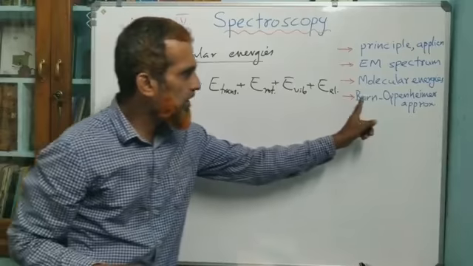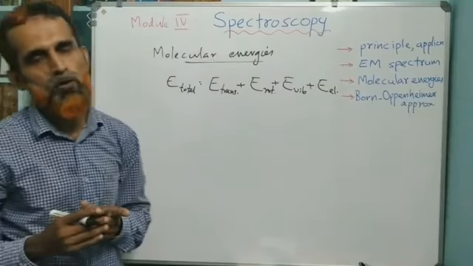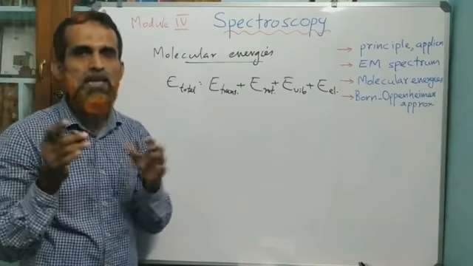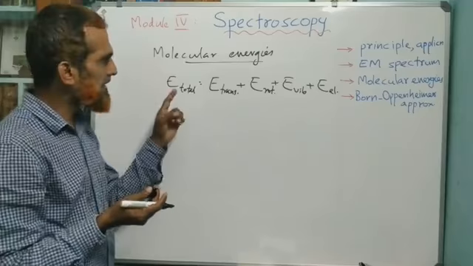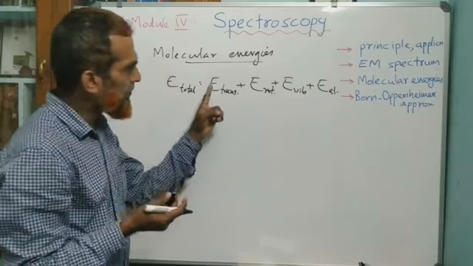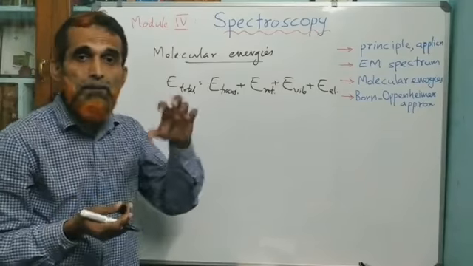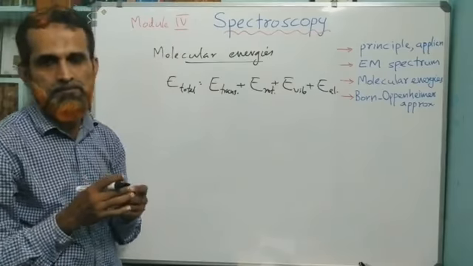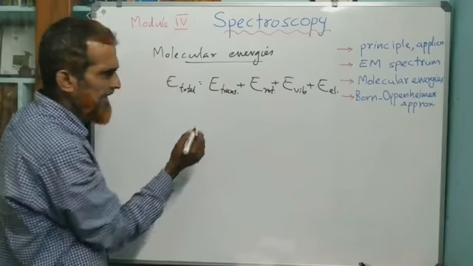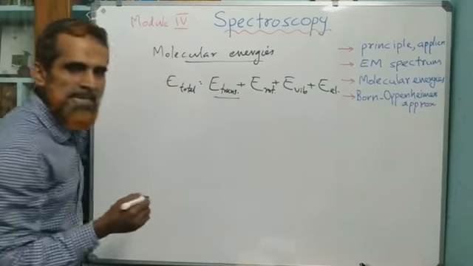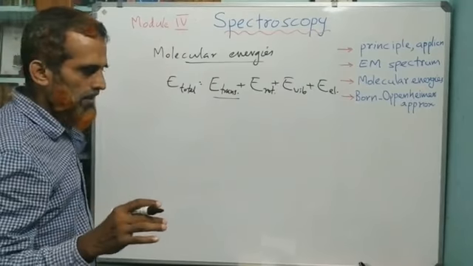And this is given by what is known as Born-Oppenheimer approximation, which says that the total energy of a molecule in gaseous state is the sum of 4 different independent energies. And here, according to quantum mechanics, translation energy is not quantized.